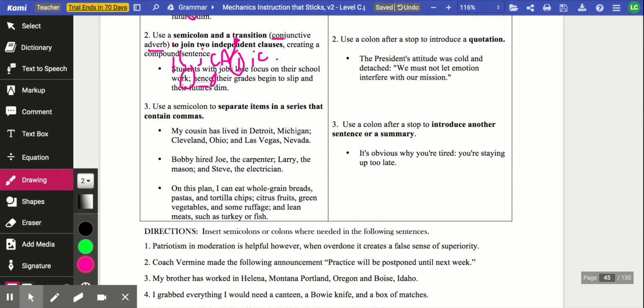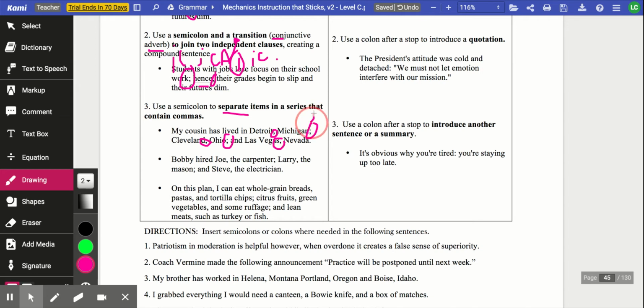And then the third reason why we would use a semicolon is to separate items in a list that contains lots of commas, where commas become confusing. So take a look at the example. My cousin has lived in Detroit, Michigan; Cleveland, Ohio; and Las Vegas, Nevada. Typically with items in a list, we just pop commas after them.